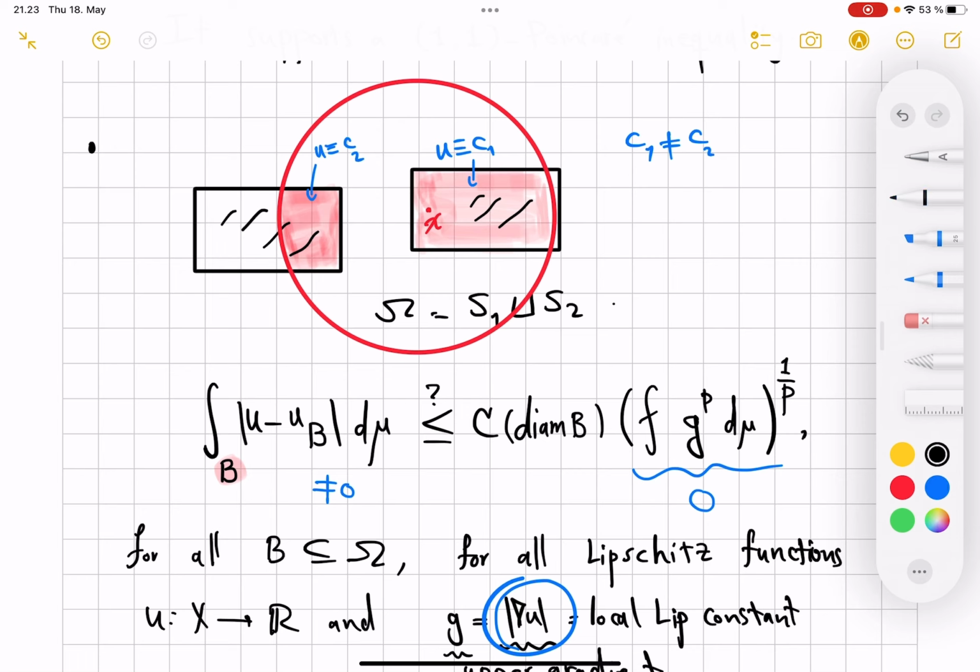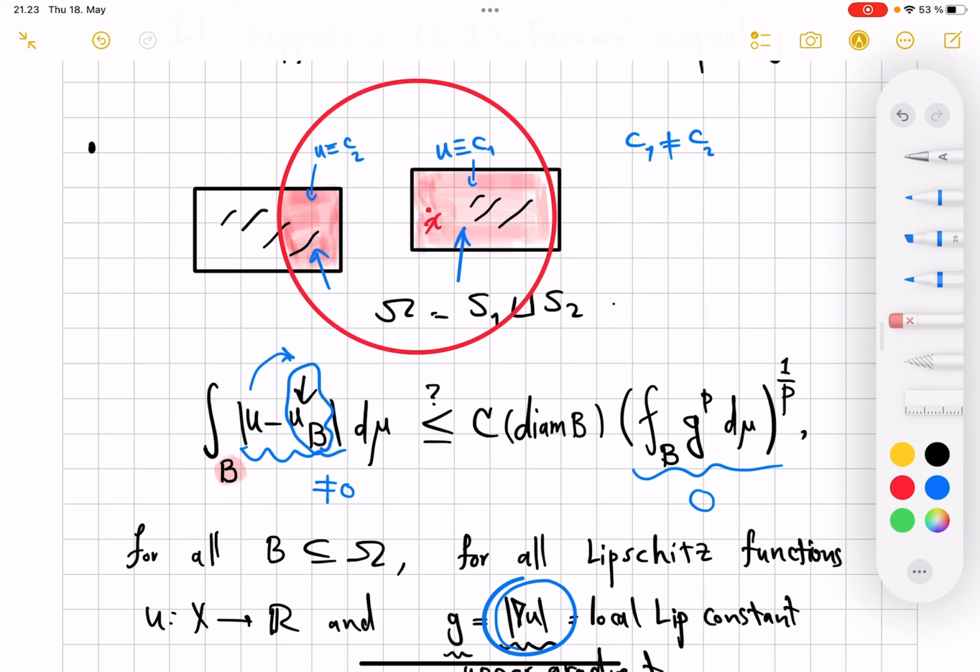So this integral will be 0. But then the average over B, depending on what volume ratio versus the C1 to C2 ratio you have, will be some quantity, and whatever it is, this is not constant. So u cannot be equal to that number on this part and also on that part.